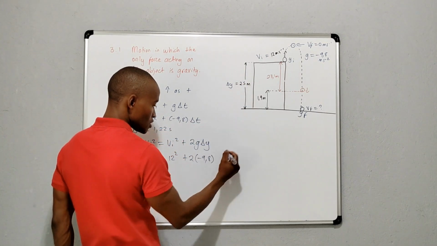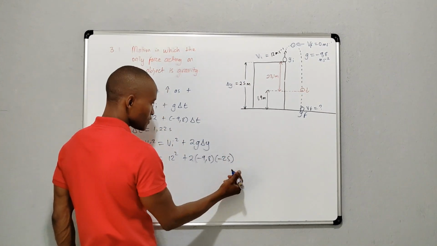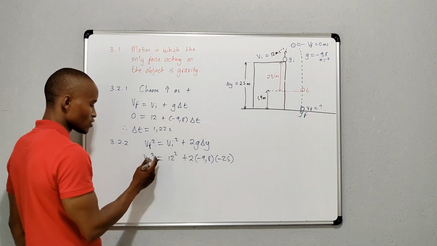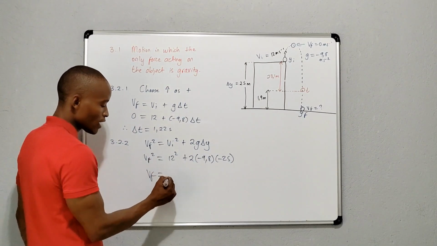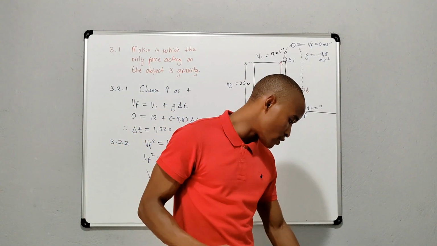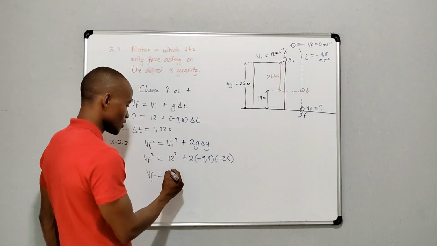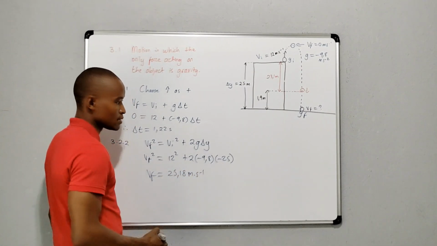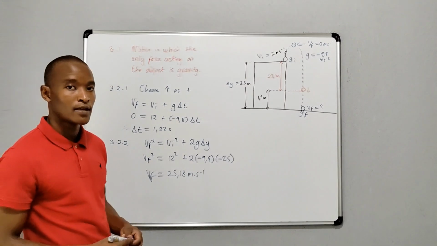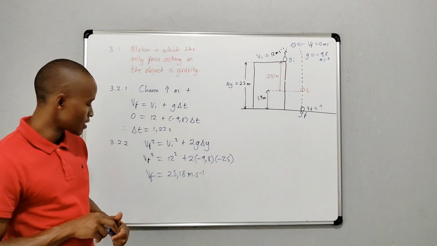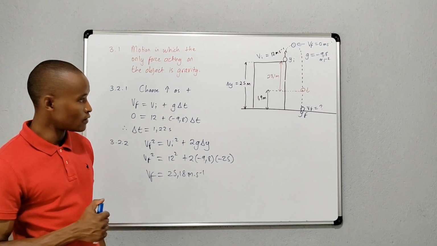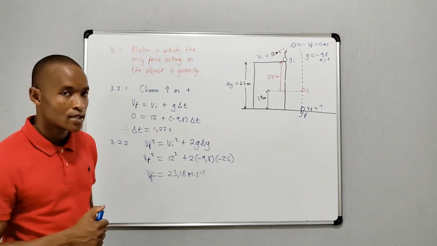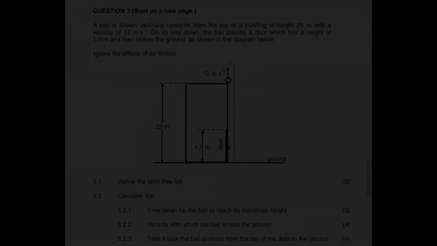Displacement is downwards, so this will be negative 25 because we chose up as positive. If you do the calculation and take the square root, Vf ends up being 25.18 meters per second. And that takes care of the velocity when the ball hits the ground. Good, let's go to the next question.